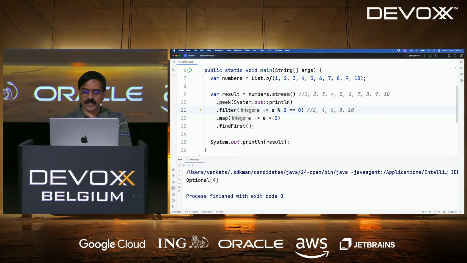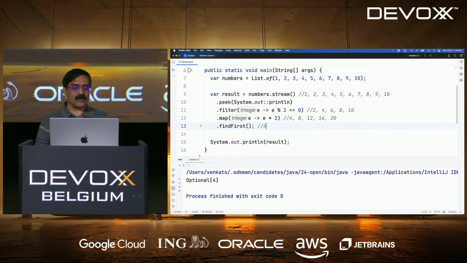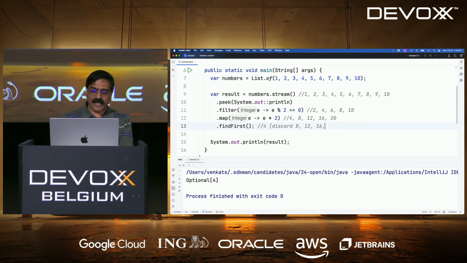Once you do that, you're going to transform this data. So you may get, in this case, 2 times 2 is 4. This becomes an 8, this becomes a 12 and a 16 and a 20. Eventually, find first is going to take the value 4 and return it, and discard, unfortunately, the numbers 8, 12, 16, and 20.